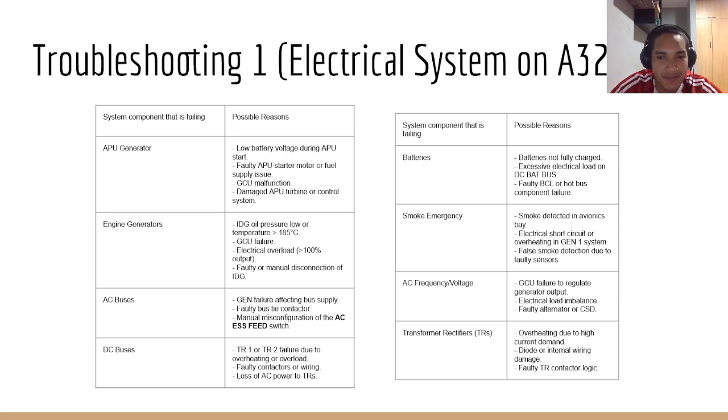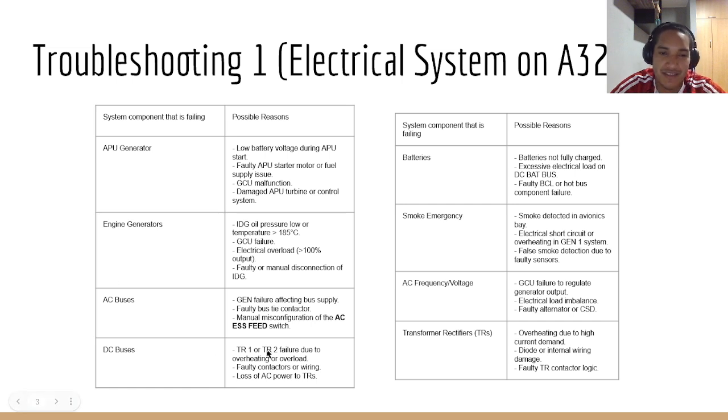For example, we are going to move on to the rectifiers or the AC buses. If the AC bus is failing, the generation failure could affect all the buses.